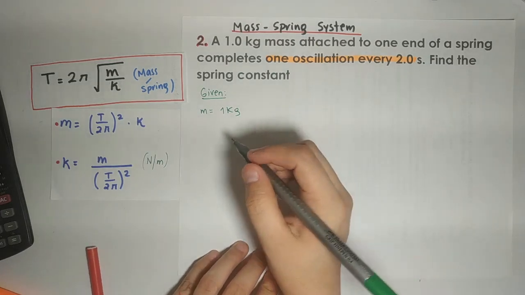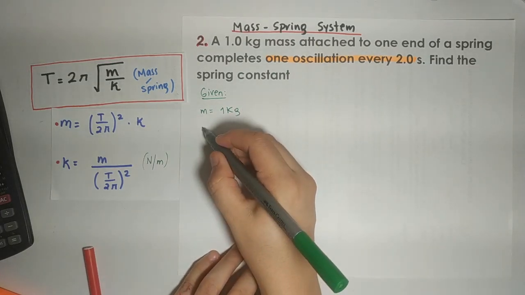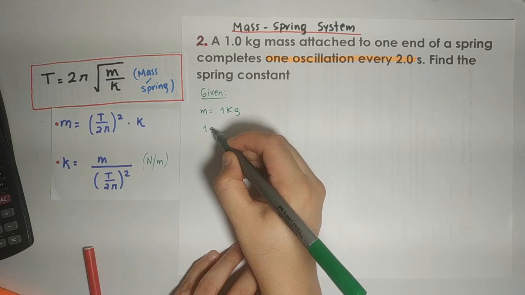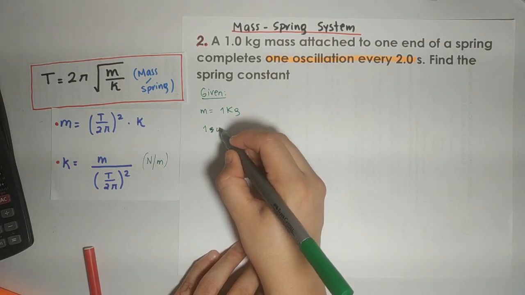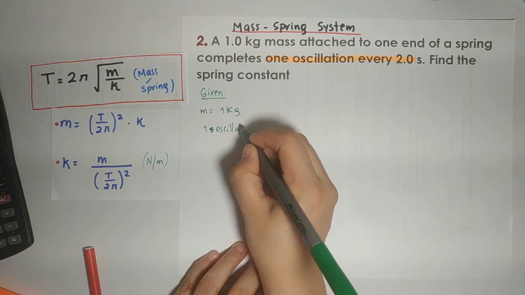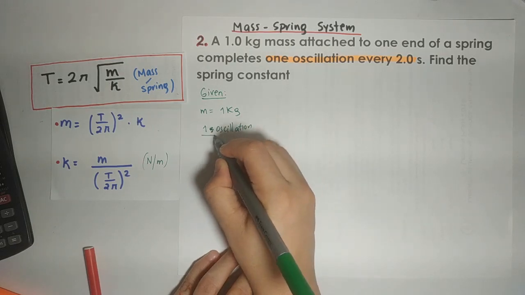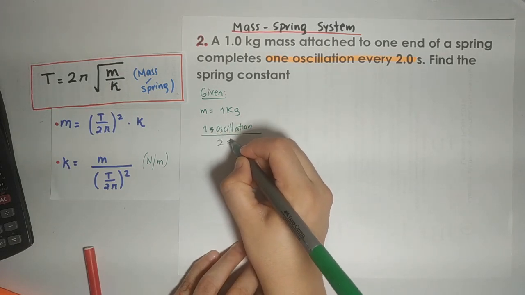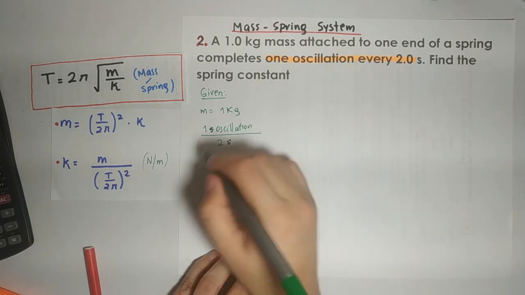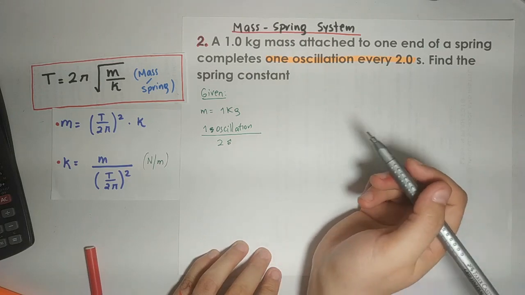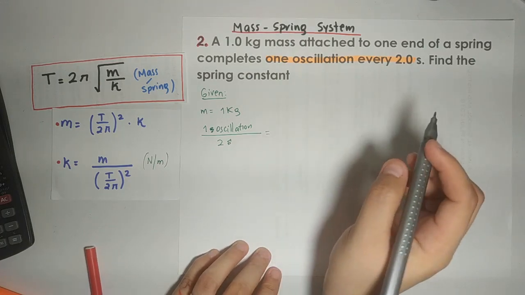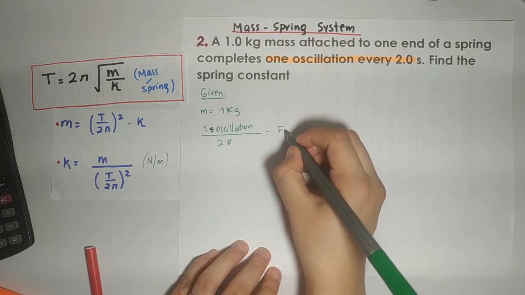It says one oscillation every 2 seconds. Now this is what we know as frequency. Frequency is number of times per second. So this is frequency.